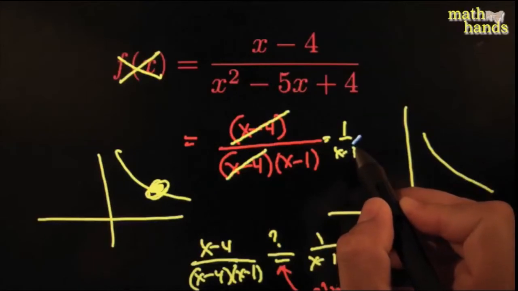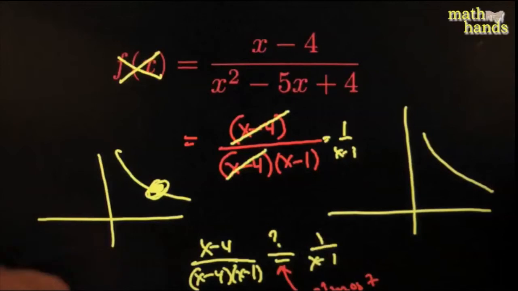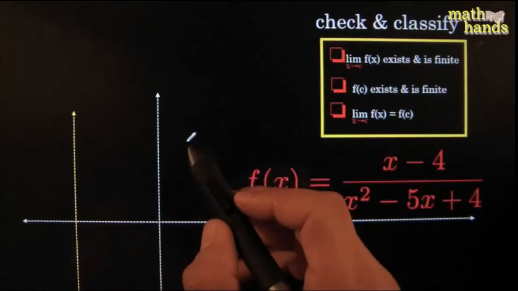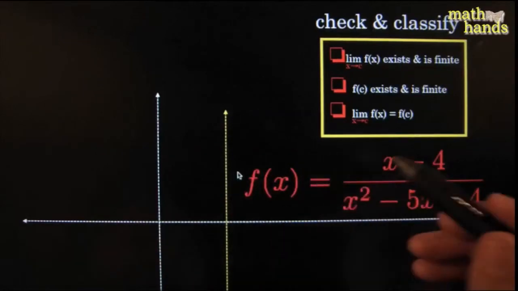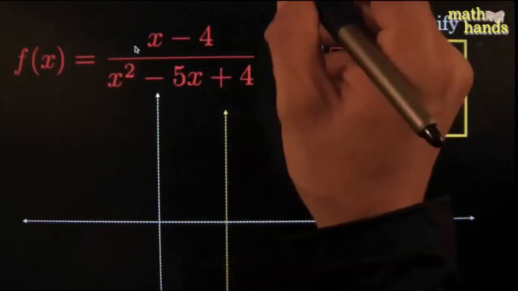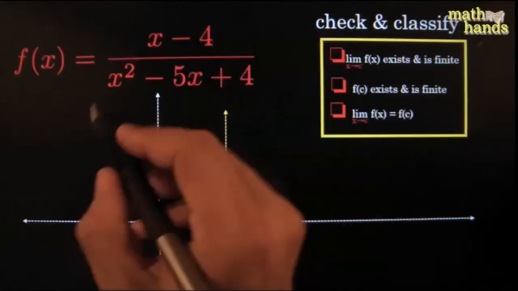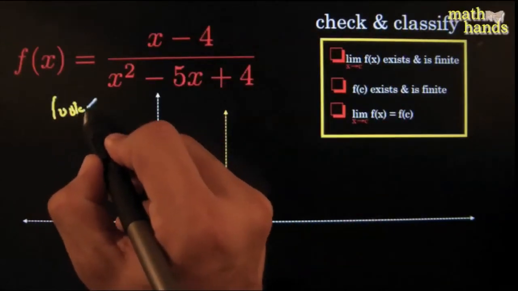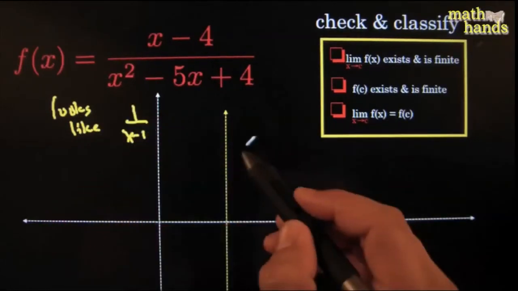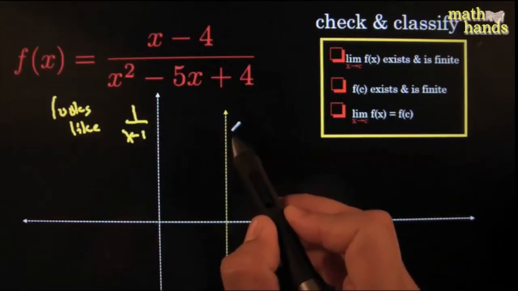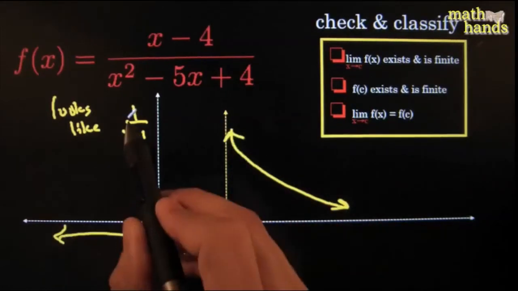Alright, let's do some famous ones. It's a common question to ask you to check for discontinuities and classify them. So the tangent graph is, of course, famous. It looks like this. What kind of discontinuities do we have? Well, it's continuous everywhere except at pi over 2, at 3 pi over 2, at negative pi over 2, negative 3 pi over 2, etc. At those points it is discontinuous.